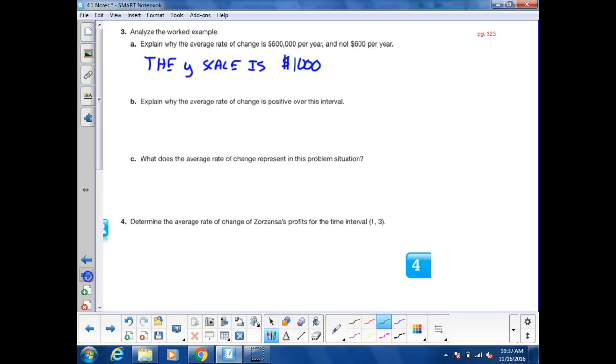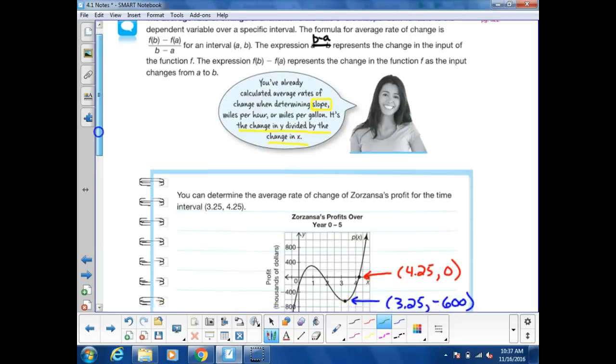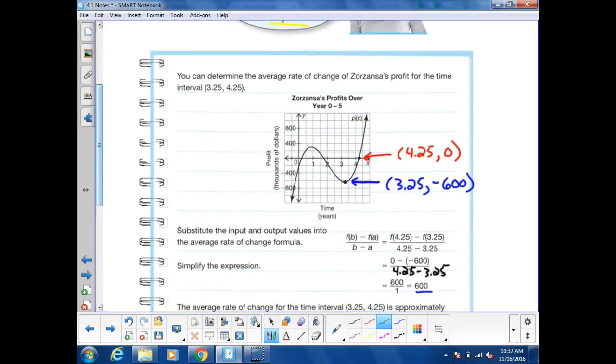My next spot of confusion is this. Let's go back and look at our graph on that part. Why, on this particular interval, is the average rate of change positive?